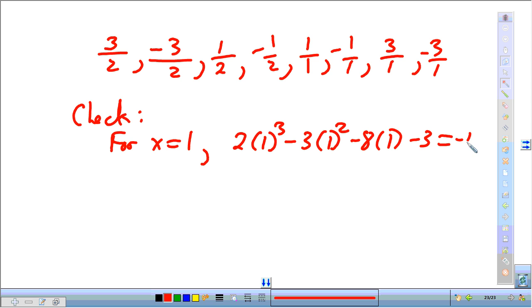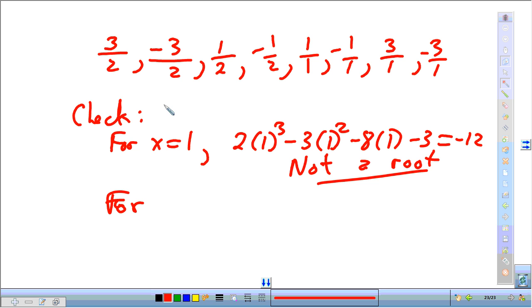If we substitute 1, we get minus 12. So x equal 1 isn't a root. So you could keep checking all of those. So in this case, 1, 2, 3, 4, 5, 6, 7, 8. We could do 8 checks.